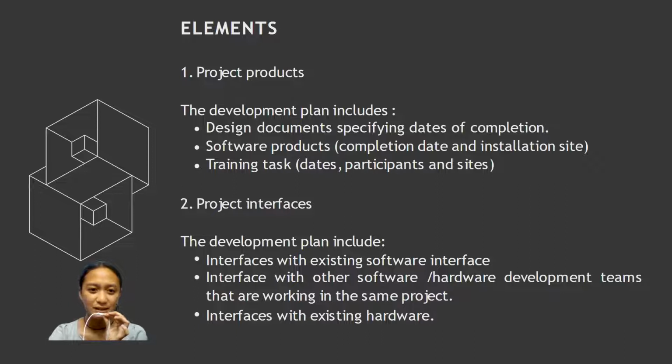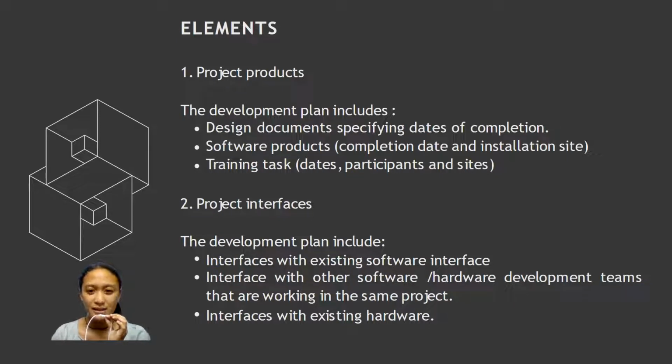First element is the project product. The development plan includes design documents specifying dates of completion, software products which include the completion date and the installation site, the training task which also includes dates, the participants, and also the sites.